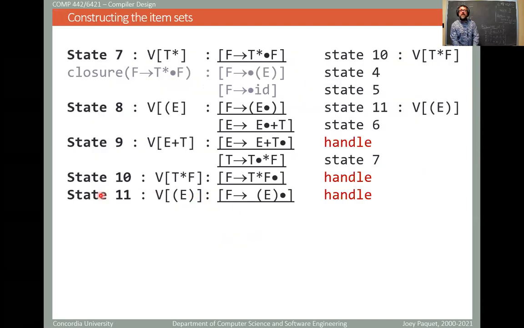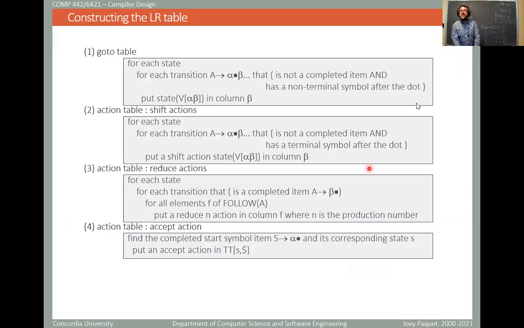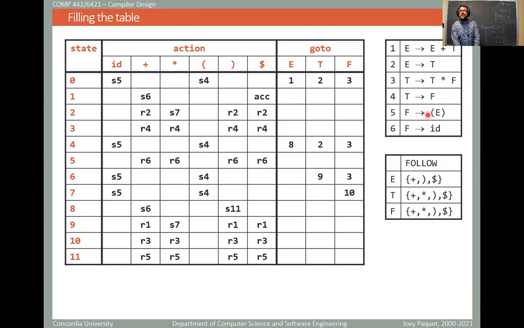Then state 11 here, completed item, follow of F is plus, star, close parenthesis, $ sign. I'm going to reduce using the parentheses rule, rule number 5, in state 11 under plus, star, close parenthesis, $ sign, reduce 5.